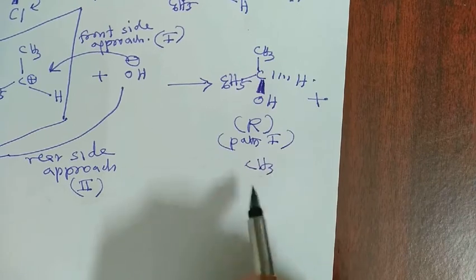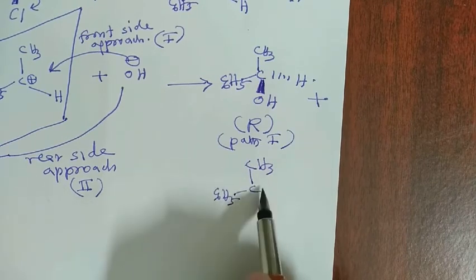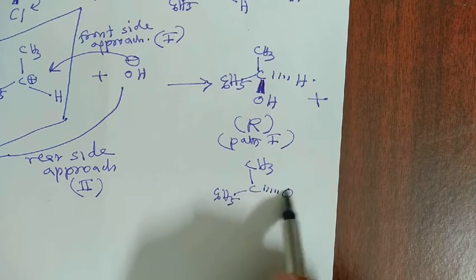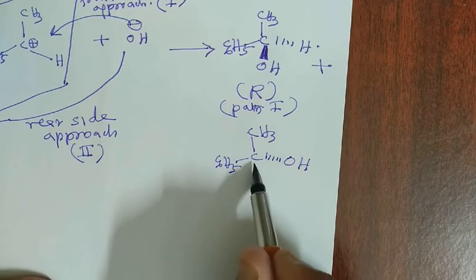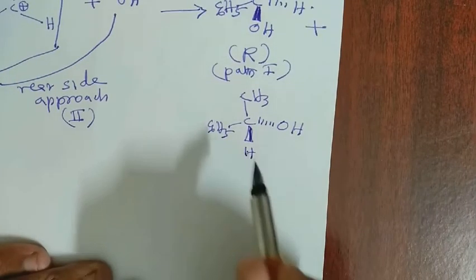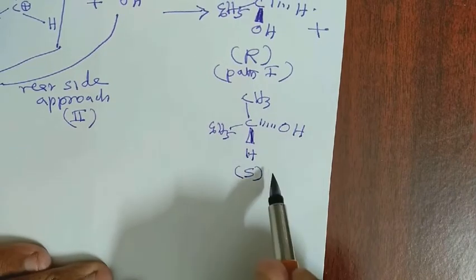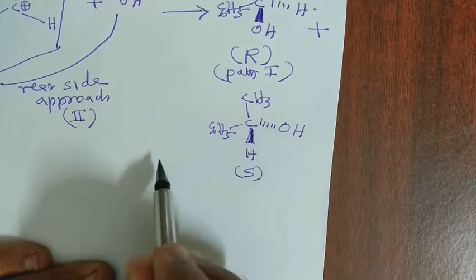In the rear side approach, the other isomer is formed. Here the position of OH minus is at a dash wedge bond. So this isomer is the S isomer of 1-phenylethanol.